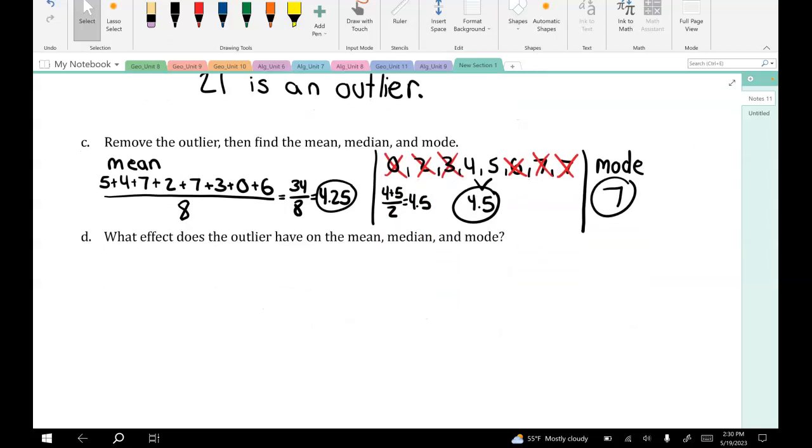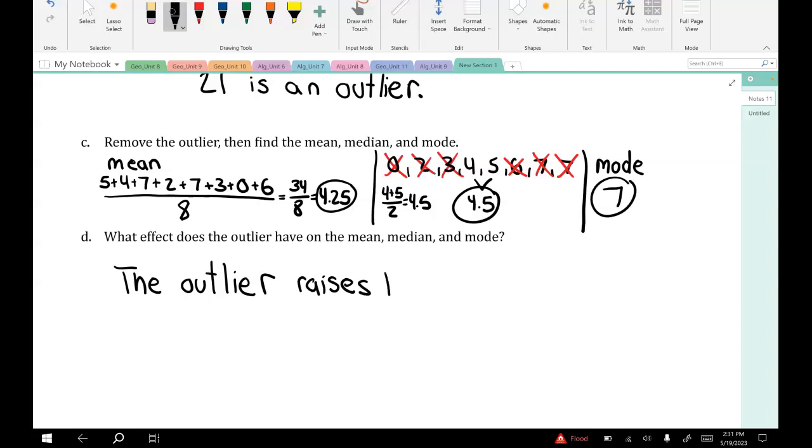So a great 1-sentence explanation would be, the outlier raises the mean and median, but the mode doesn't change.